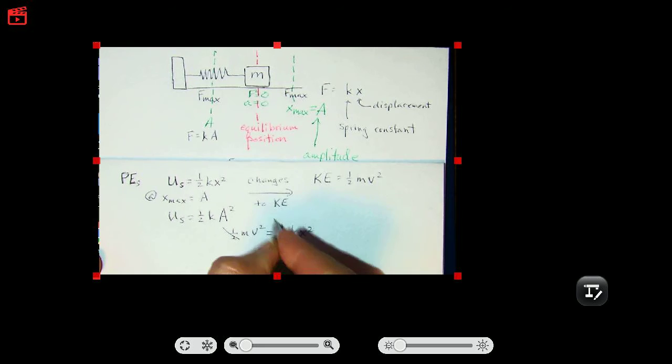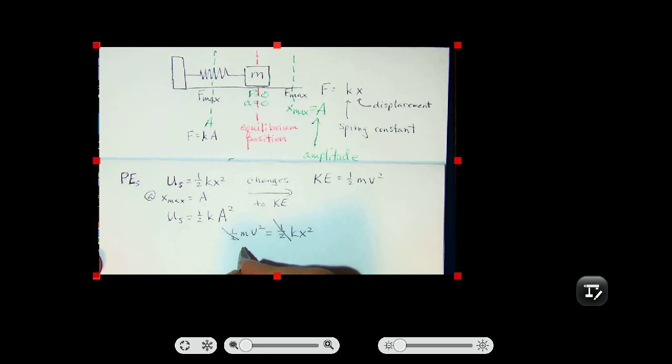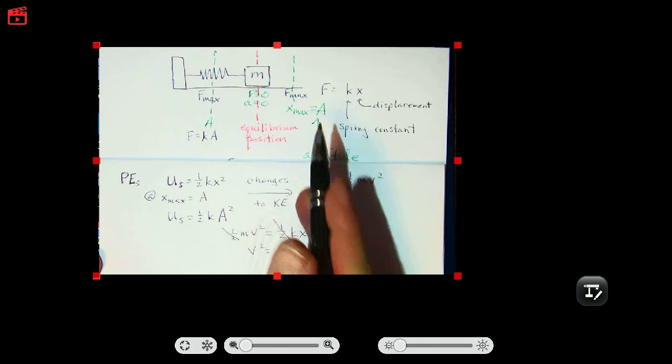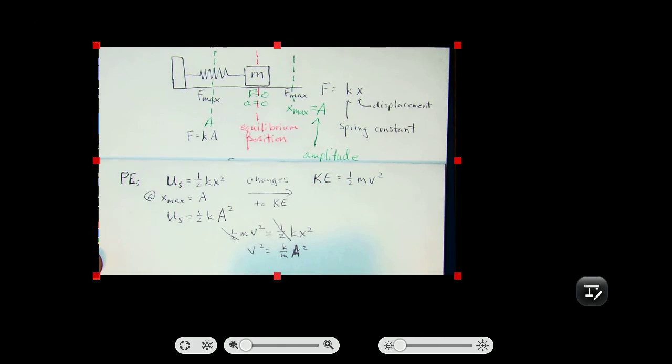The 1/2s cancel out. If I want to find my velocity, divide by m, so I have v squared is equal to k over m times x squared, or in this case A, because that would be our maximum position, the position we released it from.